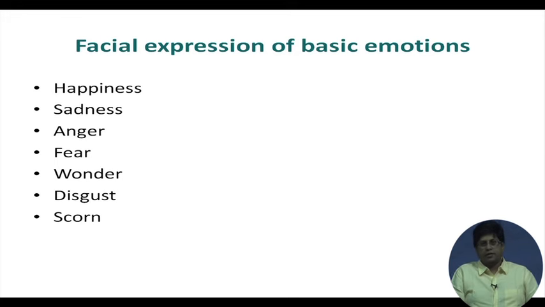Now, the funny thing is that all our lives we look at other people's faces, and hence it is assumed that when we are looking at somebody's face, we should be able to know what kind of emotion this person is displaying, whether they are genuine emotions or false emotions.